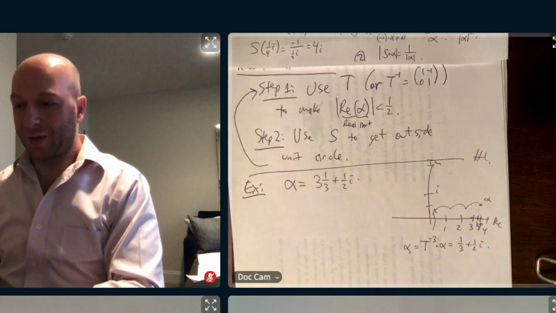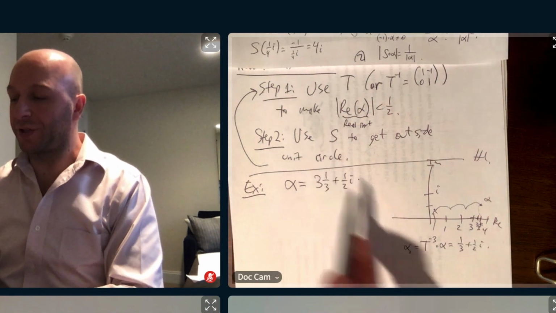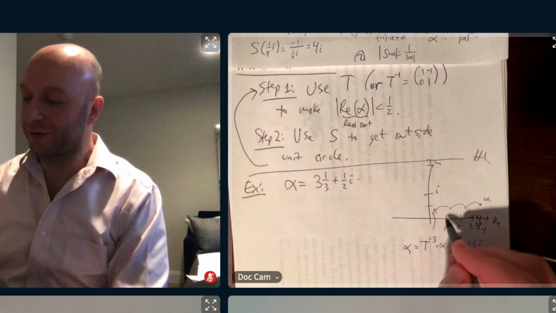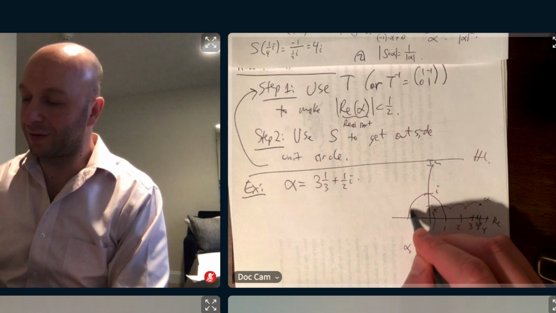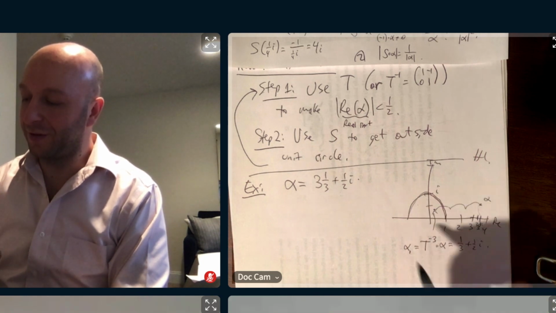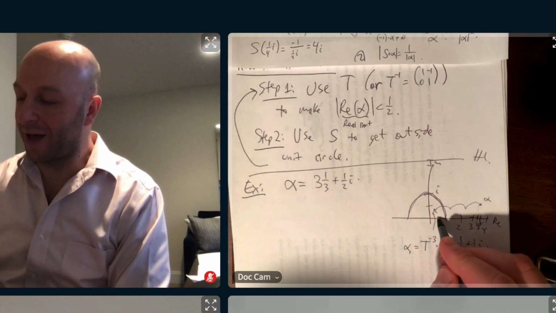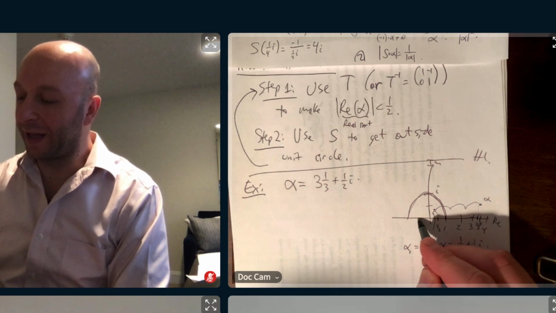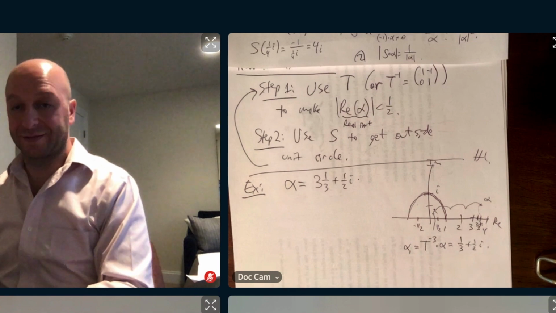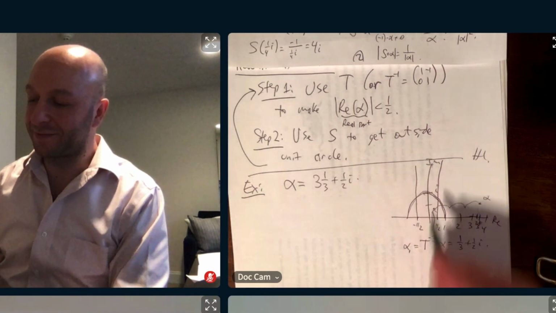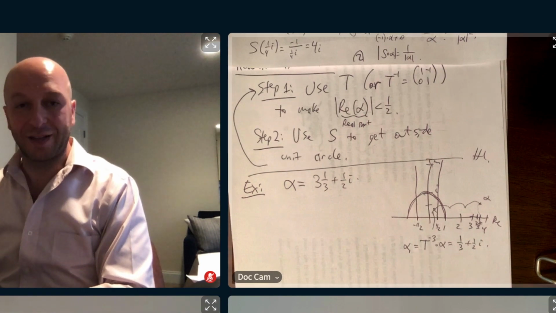The question is, do I want to use S or not? Is this number inside the unit circle or outside the unit circle? So let me draw the unit circle here. And let's notice that the real part is between minus a half and a half. Here's a half, and here's minus a half. So I want the real part between minus a half and a half, and I want to get outside the unit circle.